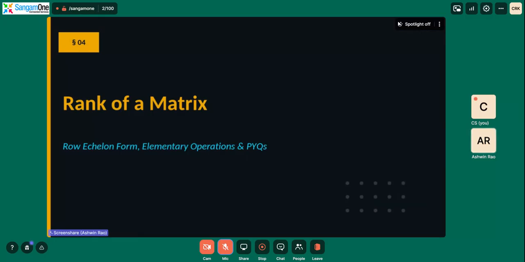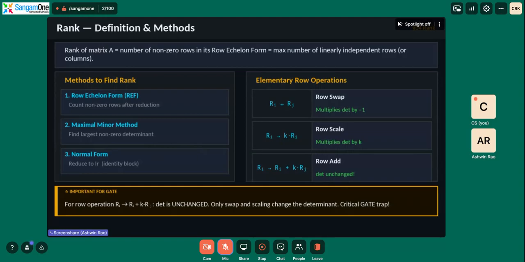Then comes the rank of the matrix. Here the rank of a matrix tells the number of non-zero rows in row echelon form, which is equal to the maximum number of linearly independent rows or columns.